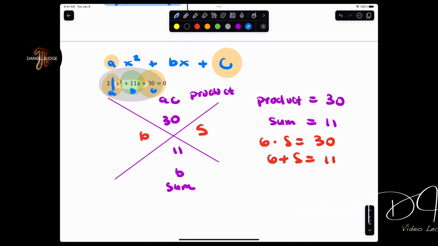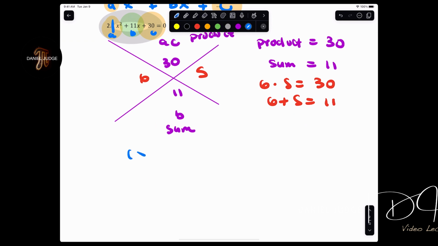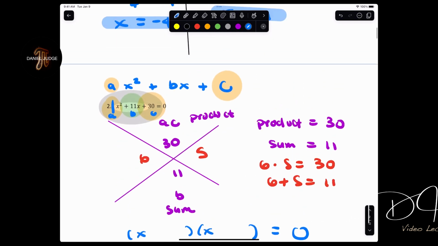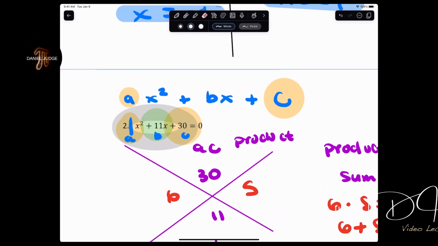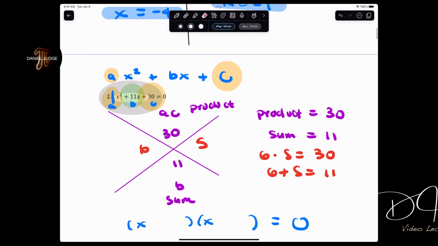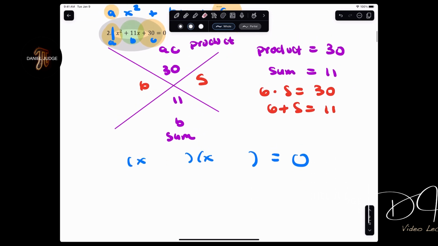Now, just place this with the x. Here's your format. Don't forget, the left side of this equation is a quadratic that needs to be factored, and the right side equals 0 here. Okay, so there it is. We're just going to have to place those two numbers that we found, the 6 and the 5, here and here.